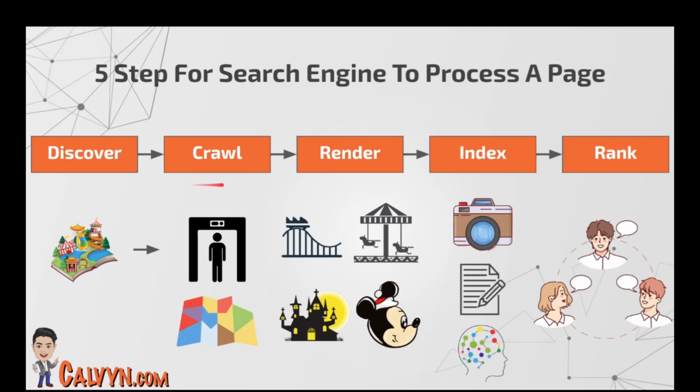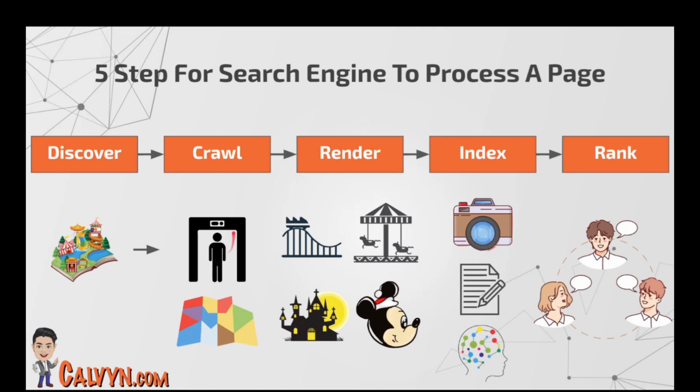When you reach the front of Paris Disneyland, in this section you crawl, right? Imagine you are the search engine right now. When you reach the Disneyland, there is a gate over there. At this gate, there is a security guard to check your ticket, right?